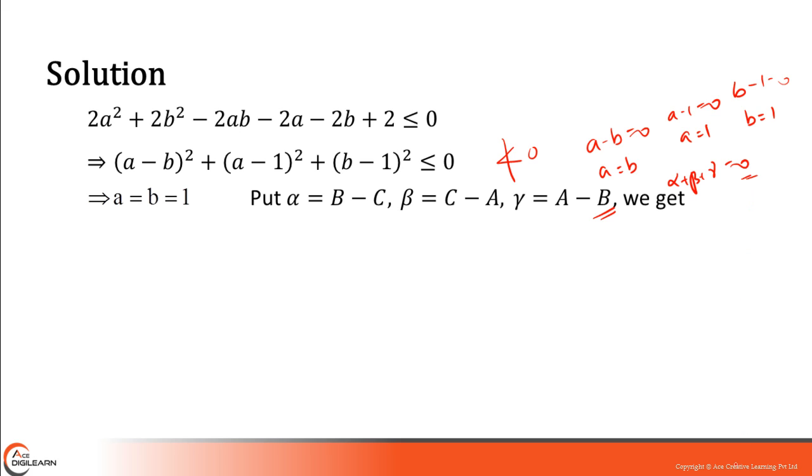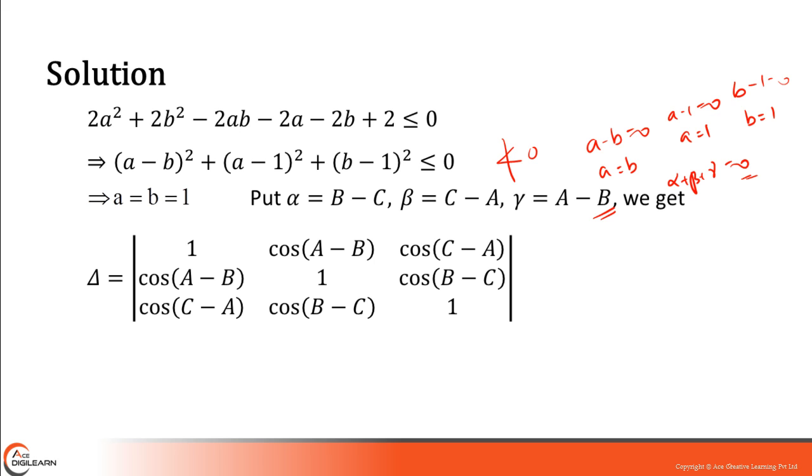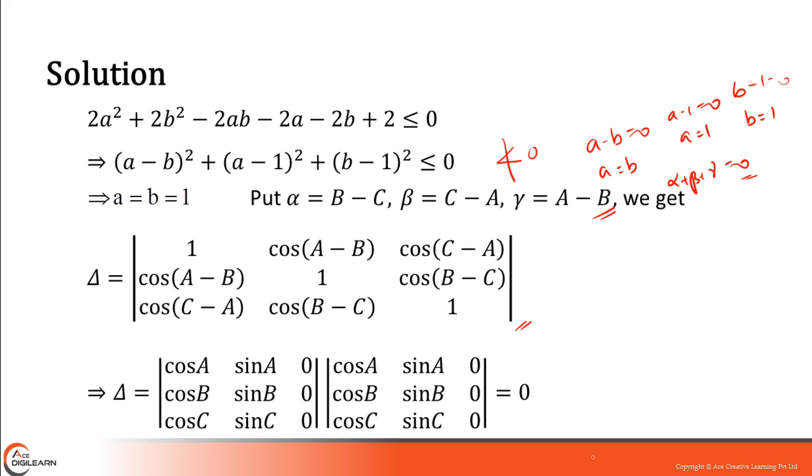So by substituting these values of alpha, beta, gamma and a, b in the given determinant, the determinant reduces to this form, which we can split into product of two determinants as cos a sin a 0, cos b sin b 0, cos c sin c 0 into the same. And we know if a 0 row or 0 column is in a determinant, its determinant value is 0. So hence the answer is 0.